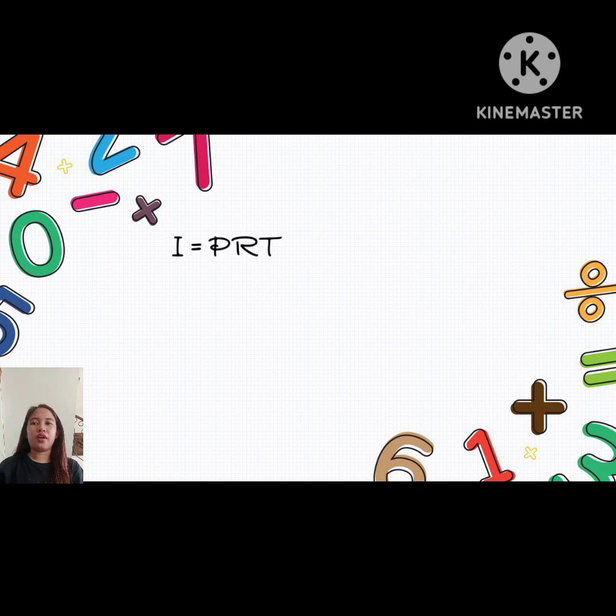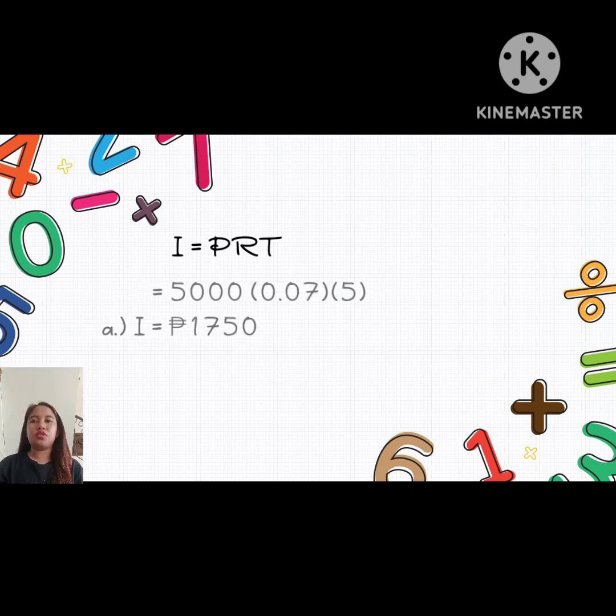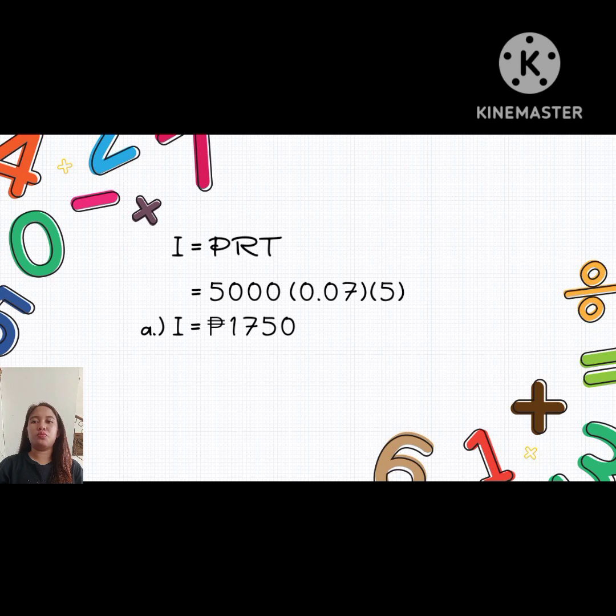Using our formula, I = PRT, our principal is 5,000, our rate is 7%, and the time is 5. Substituting, I = 5,000 times 7% times 5 is equal to 1,750. This is our answer for letter A.